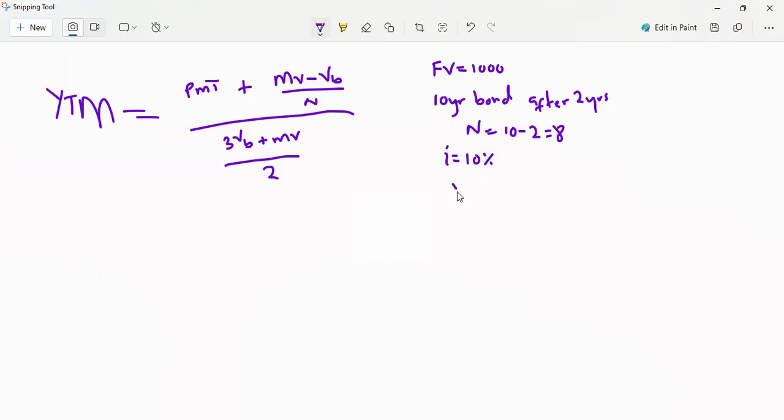And the selling price of the bond is 1,200. So find the KD. So the KD is actually our market yield to maturity. So yield to maturity, what did I say was the definition of yield to maturity?